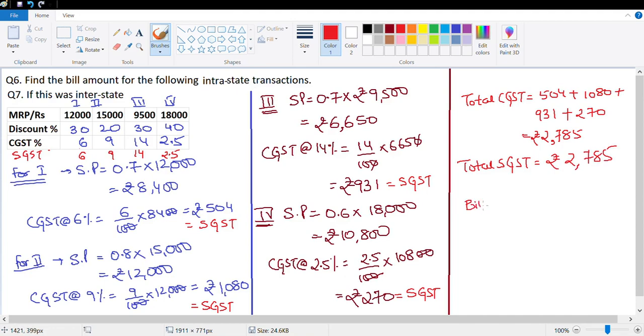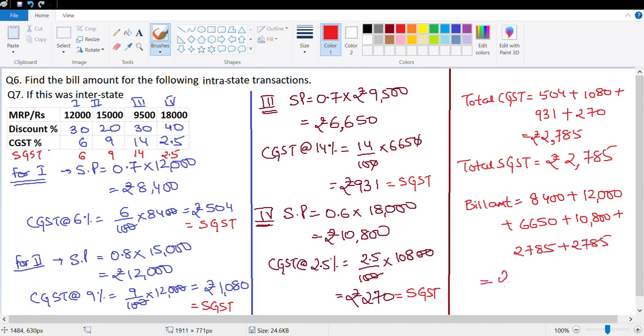So bill amount is equal to the individual selling prices, which means 8,400 plus 12,000 plus 6,650 plus 10,800 plus the CGST, which is 2785, plus SGST, which is also 2785. If we add all of this up, the value comes out to rupees 43,420. So that's the final bill amount.